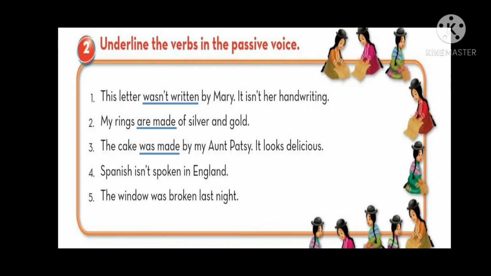Number 4, Spanish isn't spoken in England. Spanish isn't spoken. Verb to be plus verb 3, isn't spoken, and this is the passive form, so underline isn't spoken. Number 5, the window was broken last night. Was broken again, verb to be plus verb 3 or the past participle verb, so this is the passive form. Underline was broken. Okay, is that clear?